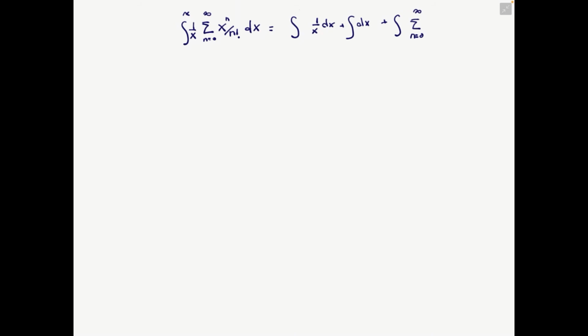Here we go. Yeah, it's 0. And I did this, x to the n plus 2 over n plus 2 factorial dx.